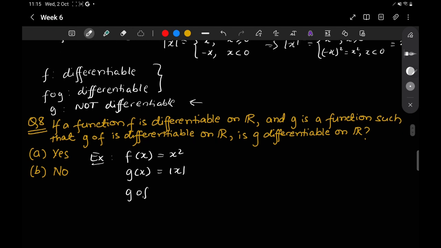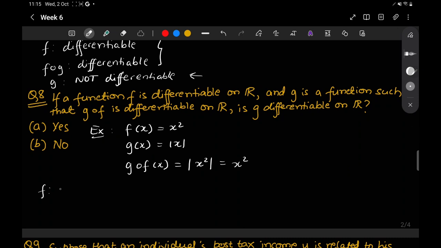So g o f of x will be mod of x squared, because f of x is x squared and then you apply g, which is to take mod. Now x squared itself is positive, so mod of x squared will simply be x squared.